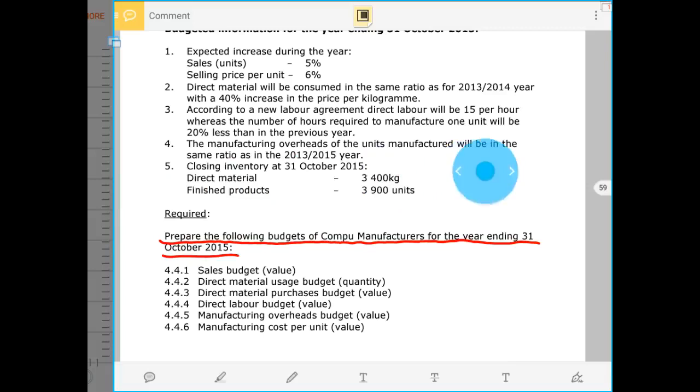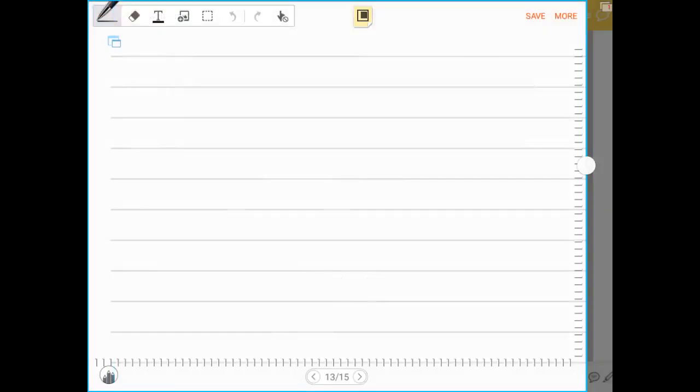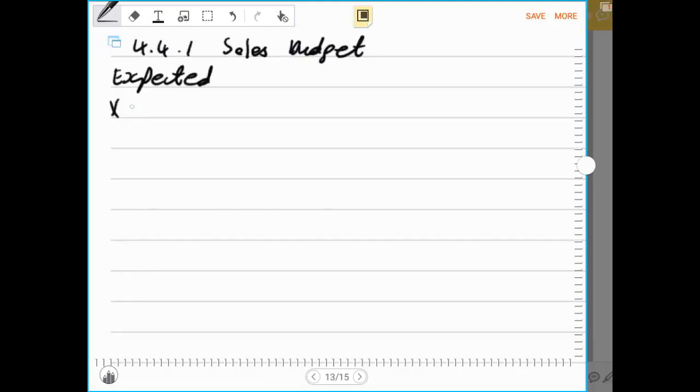So now we start with the sales budget, 4.4.1. Our sales budget says that expected sales, which is the sales that we expect to make, we multiply by the selling price per unit.